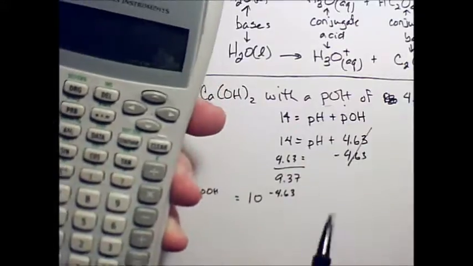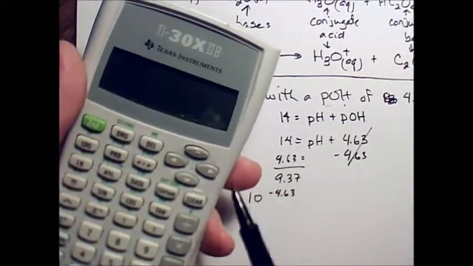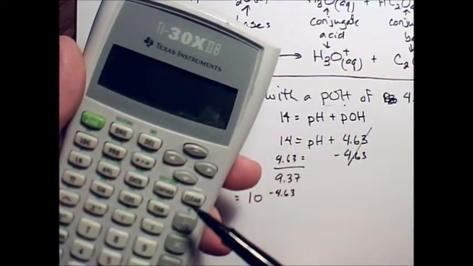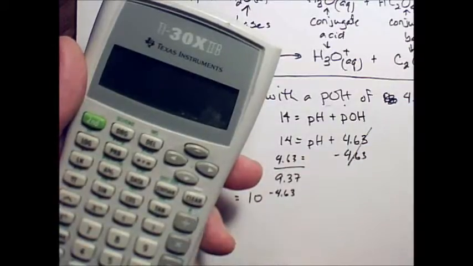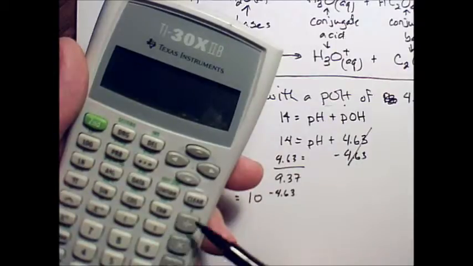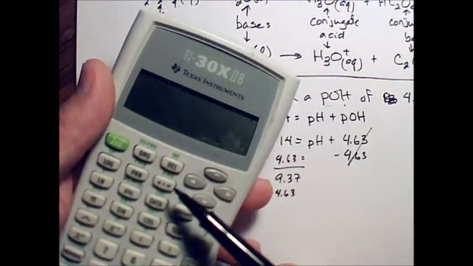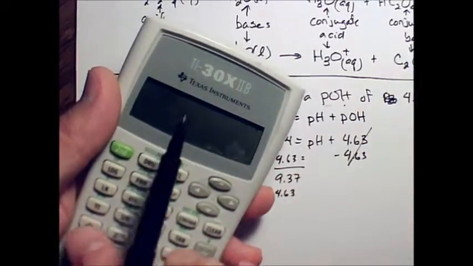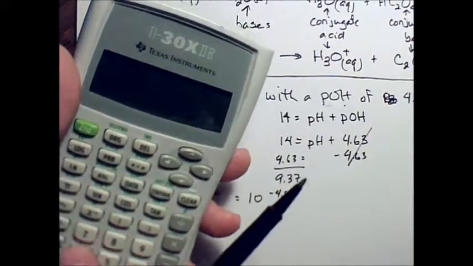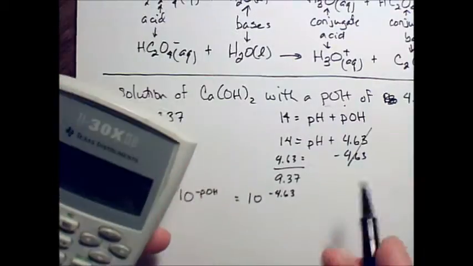So for this one, I'm going to take 10, and I thought I had an exponent button here somewhere. Up caret? Yeah, that one. I can do that, and put that in parentheses. Negative 4.63. Some calculators don't let you do it that way, but this one does. So that's what I get.